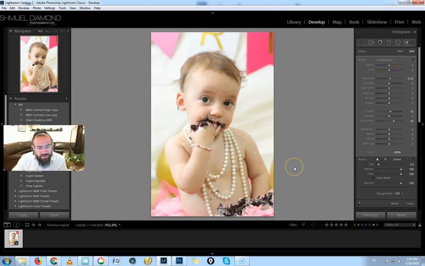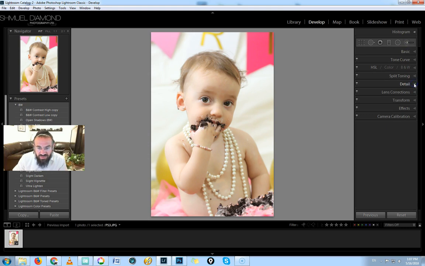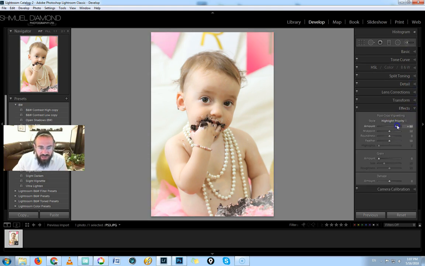I very, very rarely do this, but I think in this case I might. I basically never do this, but I'm thinking that a white vignette in this situation might actually be quite nice. Let's see. I never do white vignettes, but I quite like it here.